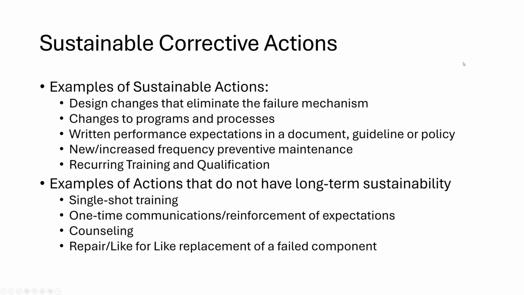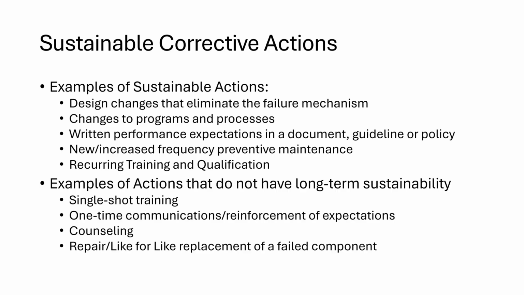And here are some other examples about sustainability. Remember, this also, if it helps, can be viewed as a resilient style thing. Design changes that completely eliminate the failure mechanism are very sustainable. Changes to programs or processes are typically sustainable, especially if they're made in a domain where procedure use and adherence is an important benchmark.